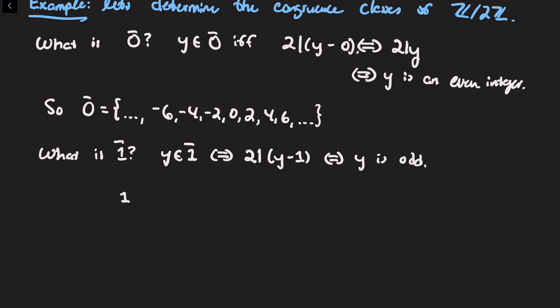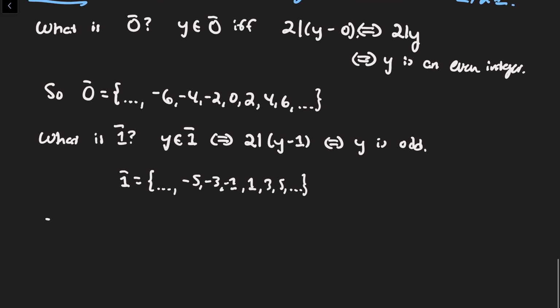So we're doing pretty well here, actually. So what we've actually shown is that the integers mod 2 just contains these two elements, 0 and 1.